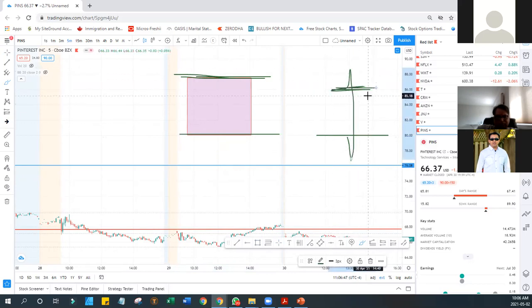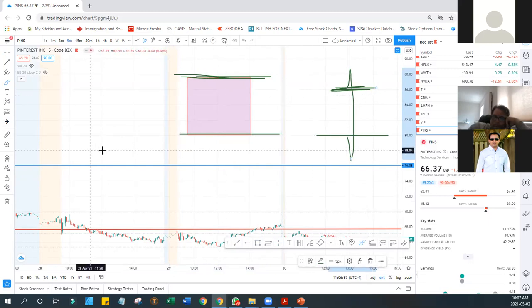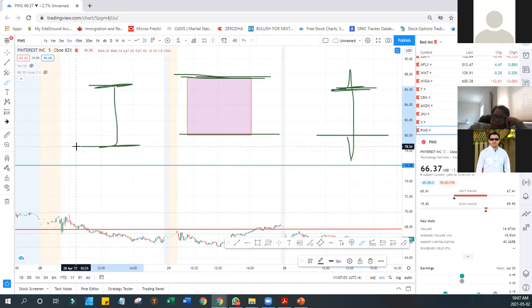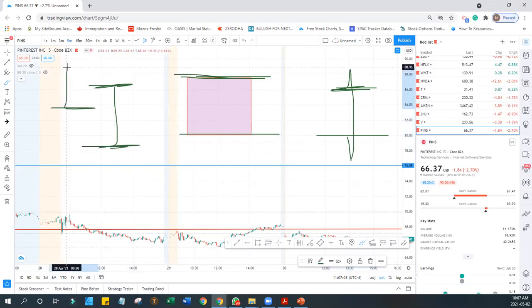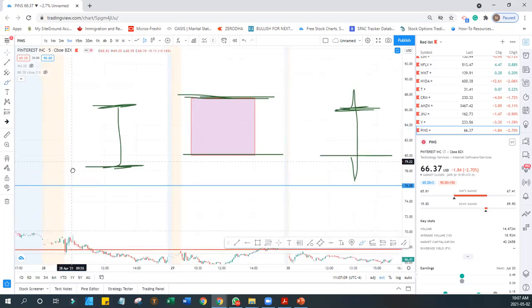So closing is always important. Remember, closing is always important, and where the candles are placed is very important. This is very basic knowledge I'm sharing. If it's a bearish candle, it will open here, come down and close here. Sometimes it opens here, goes up, then comes down, making a lower high.